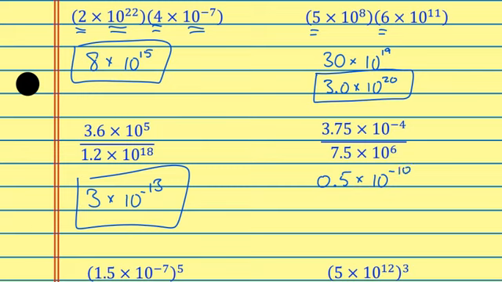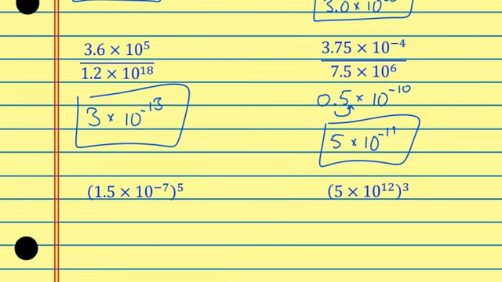But now what happened is the number got so much smaller that it popped out of scientific notation. I need to move this decimal back to here. And because I moved it one more space in the negative direction, this is going to become times 10 to the negative 11th. I wrote the 10 again, okay? So we do need to adjust this to make sure our answer is still in scientific notation, okay?